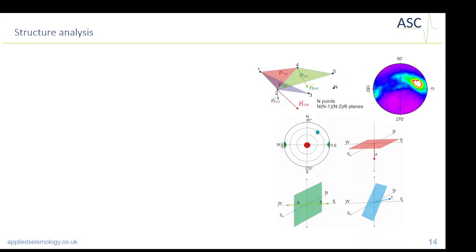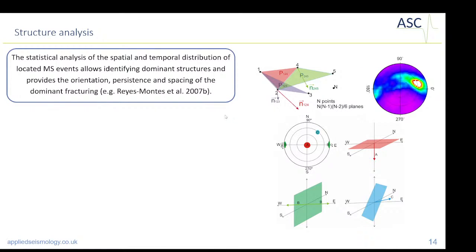So the next analysis that we can carry out to fully characterize our DFM is analyzing the structure, the fabric of this mobilized DFM. And this is done by a very simple analysis, just analyzing the spatial distribution of events, fitting planes into every possible combination of 3 events within each cluster.